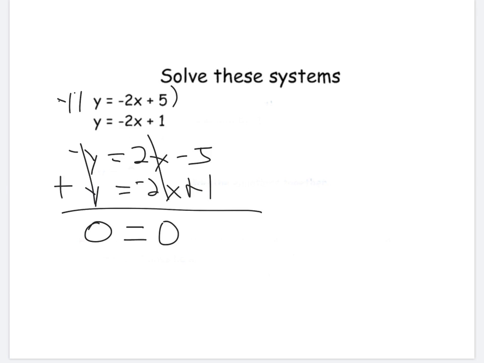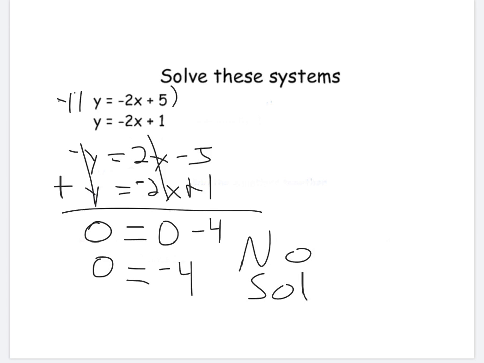And then -5 plus 1 is -4. So I really end up with a statement 0 equals 0 minus 4, which is -4. Remember when we solved regular equations before, if we got down to a statement like this where all the variables were eliminated and it was a false statement, that meant that there was no solution.